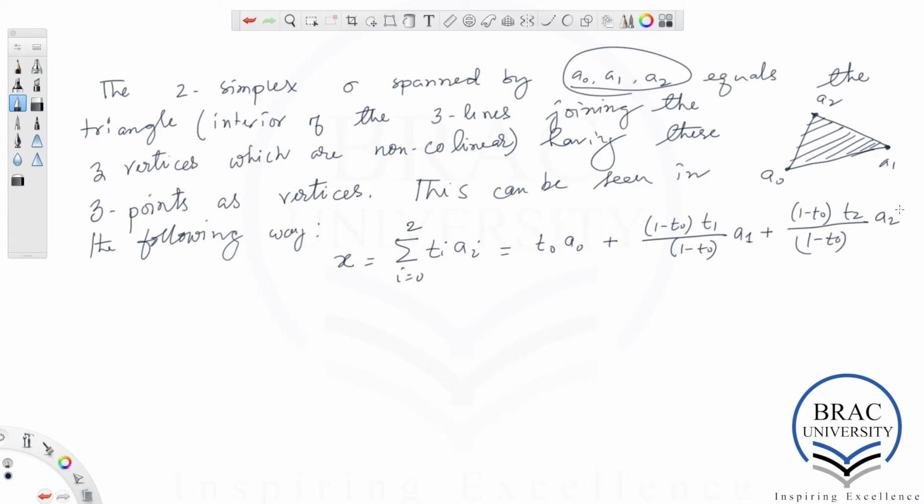Now this is written as, we can factor out 1 minus t0, and inside the square bracket we have t1 over lambda times a1 plus t2 over lambda times a2, with lambda being equal to 1 minus t0.